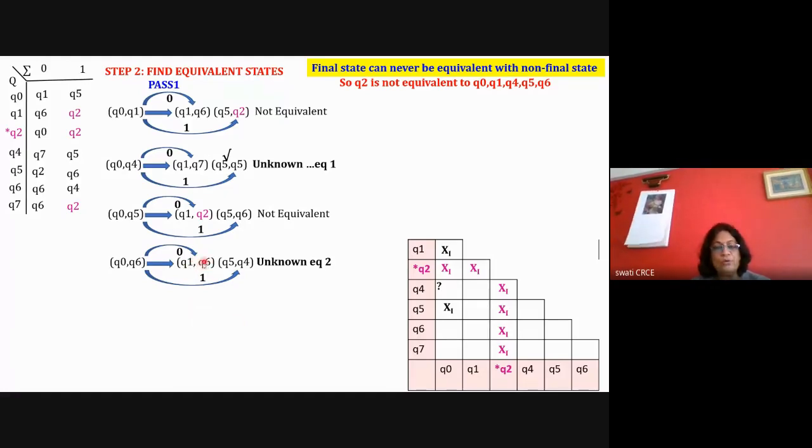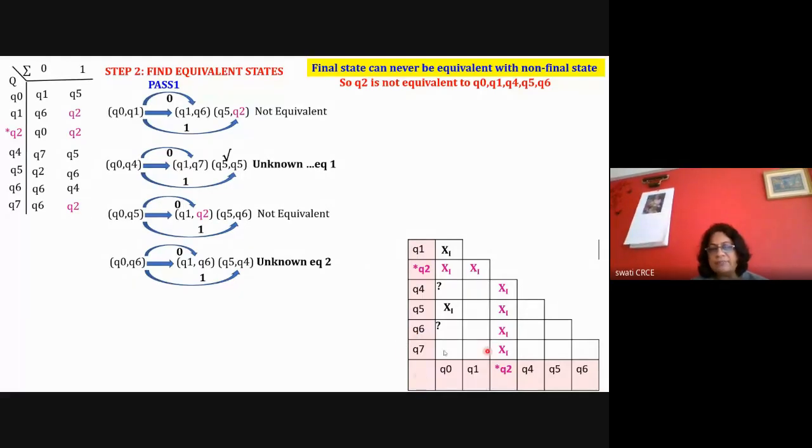I don't know whether Q1, Q6 is equivalent. Even I don't know whether Q5 and Q4 are equivalent. So if I don't know anything about this, I don't know right now about Q0, Q6, and I cannot solve. So this is also unknown right now, and I'm giving a number to this as equation number 2, and I'm writing here a question mark, so that in pass 2 I'm going to revisit it.